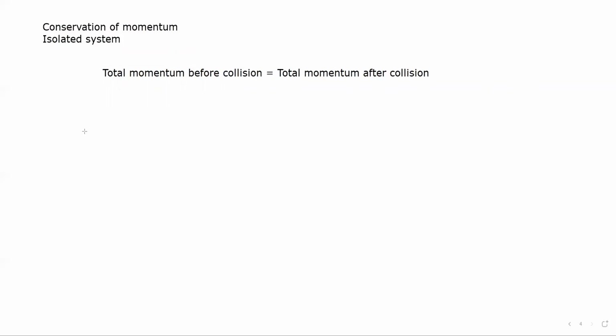For example, you have two objects of different masses, or they may have identical mass. So M1 and M2 are the two objects, and they're moving with velocities, say u1 and u2. They come in contact and collide with each other.